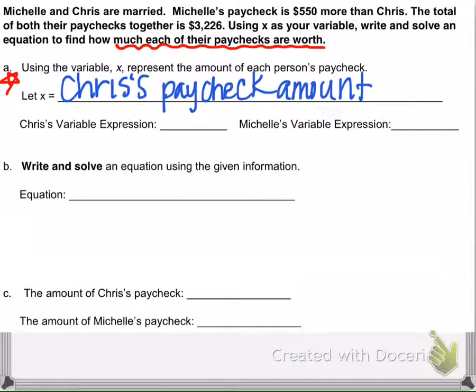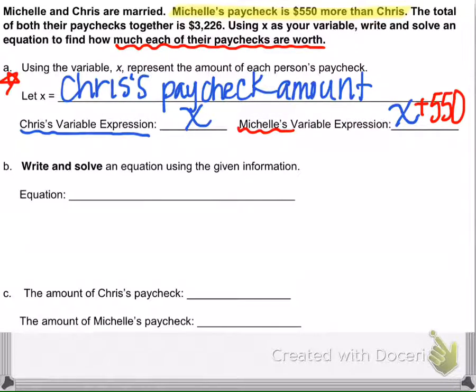So Chris's variable expression is X, the amount Chris gets paid. It says that Michelle makes $550 more than Chris. So we're going to take Chris, which is X, and add 550 to that, since the problem says Michelle makes more.